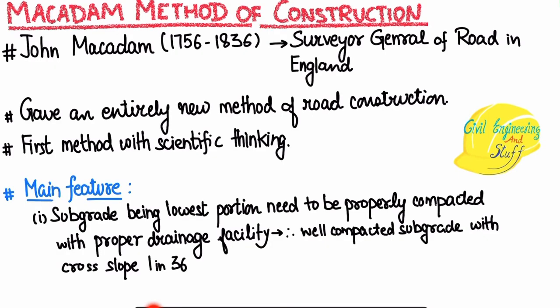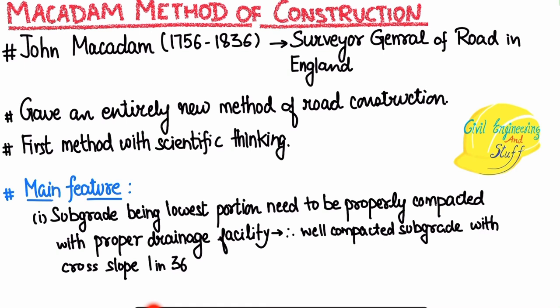After this, the next benchmark in the pavement construction was the construction method proposed by John Macadam. Now, John Macadam was the Surveyor General of Road in England, and this is the Macadam method of construction.